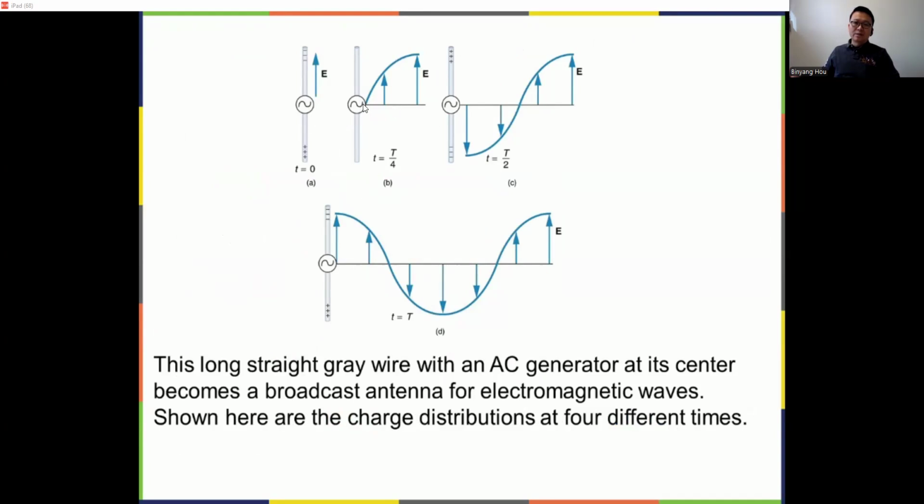Sometimes you get zero, sometimes you flip the sign of the voltage, which means you flip the sign of the electric field. So you produce a varying electric field, which produces a varying magnetic field, and the varying magnetic field further produces a new set of electric fields propagating outward.